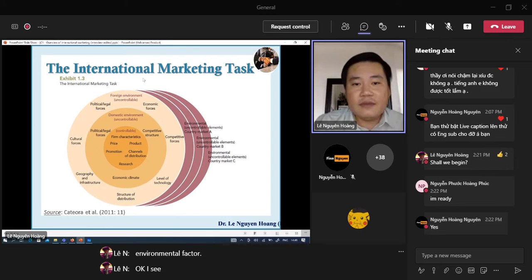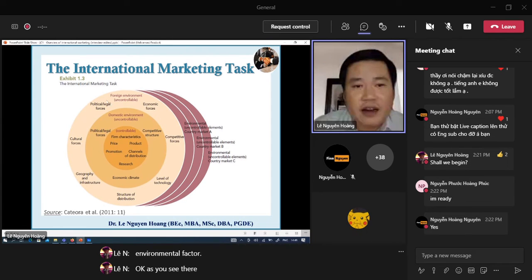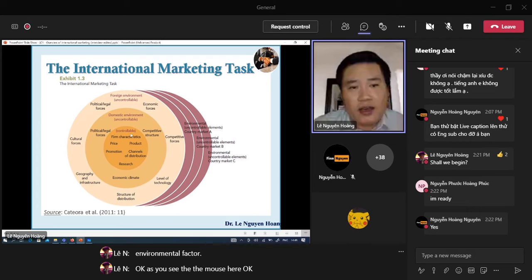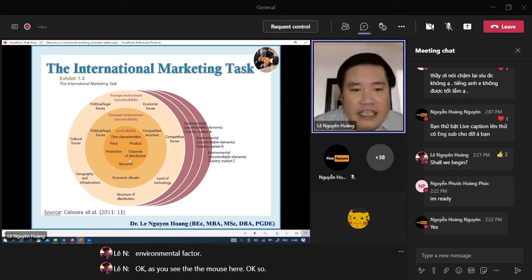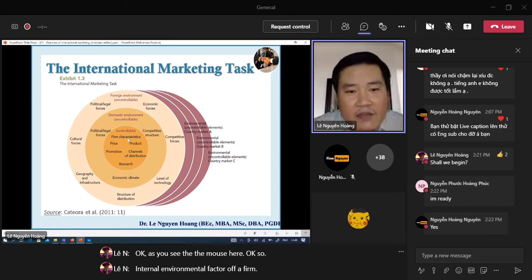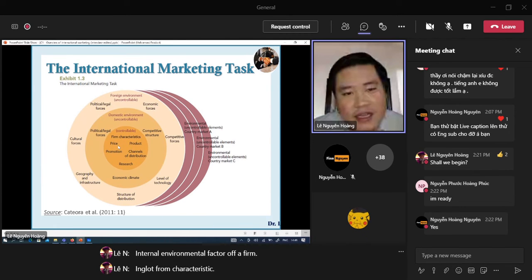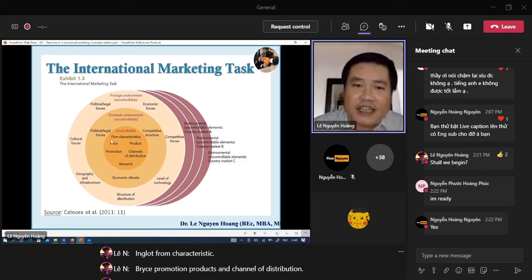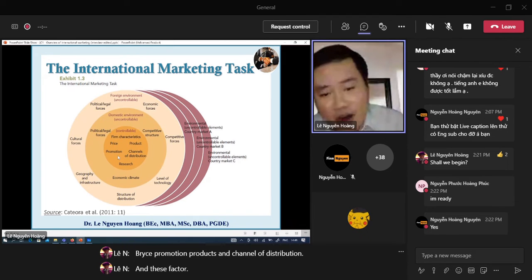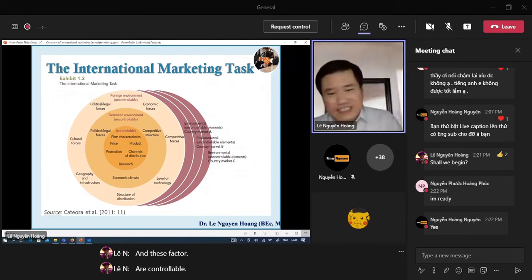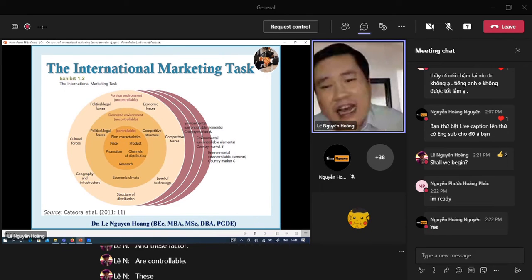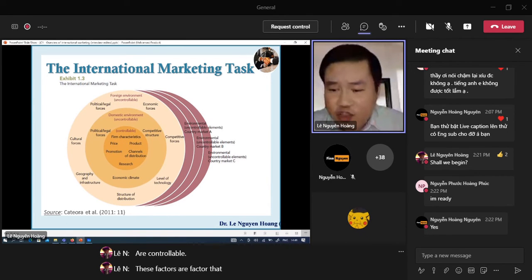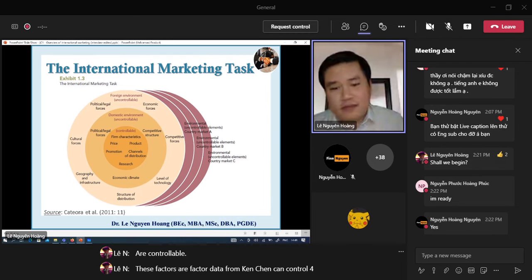As you see with the mouse here, the internal environmental factors of a firm include firm characteristics, price, promotion, products, and channel of distribution. And these factors are controllable. These are the factors that the firm can control and can change.